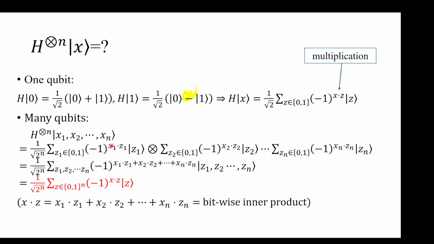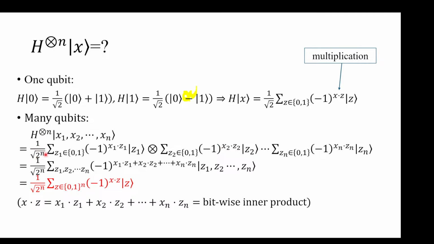Obviously this is a tensor product, so you can just apply the formula separately on each of the n qubits. On the first qubit, you have 1 over square root 2, summation over z1, (-1) to the x1 times z1, and on the second qubit you have the summation over z2 and x2 times z2. Here we're regrouping together all the 1 over square root 2 factors, there are n of them, so it's 1 over square root 2 to the n.